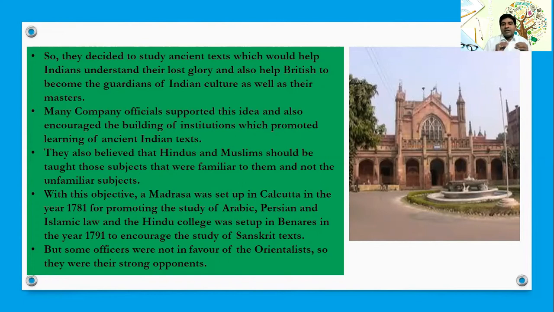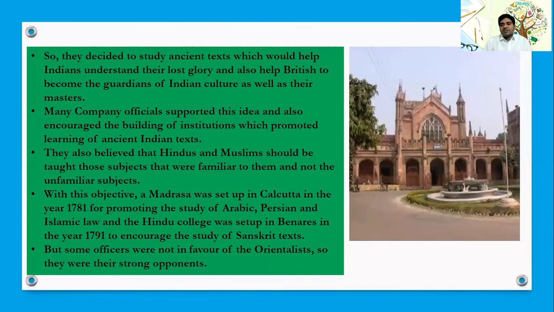But some British officials were not in favor of Orientalism, the traditional system of education of India, the religious texts, the madrasa system. They were strong opponents of the Oriental system of education. Now, what is this Oriental system of education?